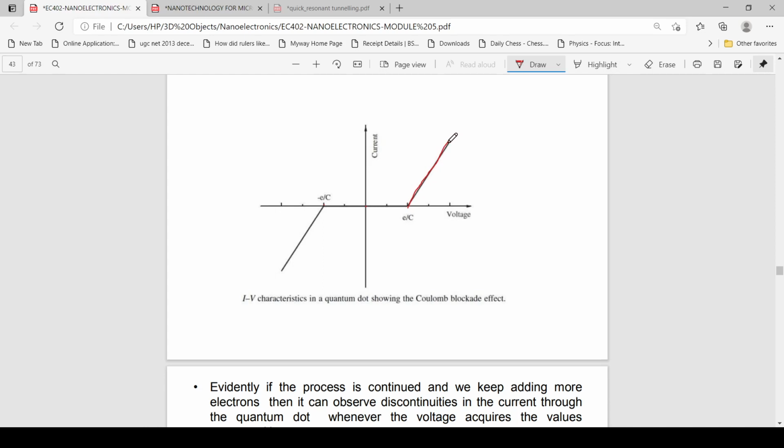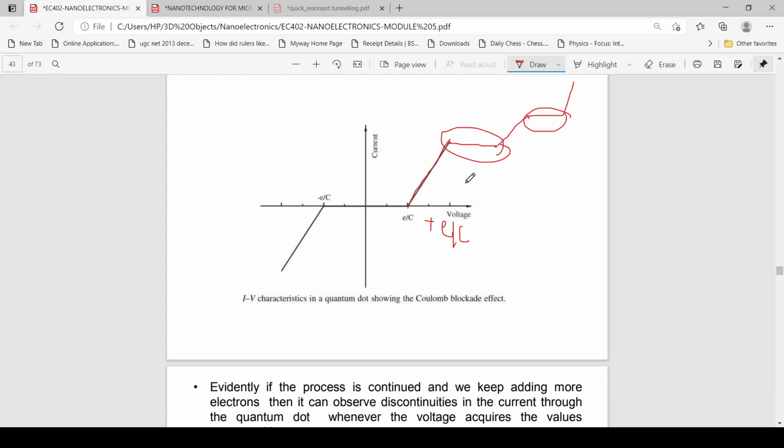When we increase the voltage further, nothing happens; there is no electron movement for some range, and then tunneling occurs again at the next value and the current flows like this. Again, for a certain range nothing happens, and then tunneling occurs again. In the region where there is no current flow and no tunneling, we observe Coulomb blockade.